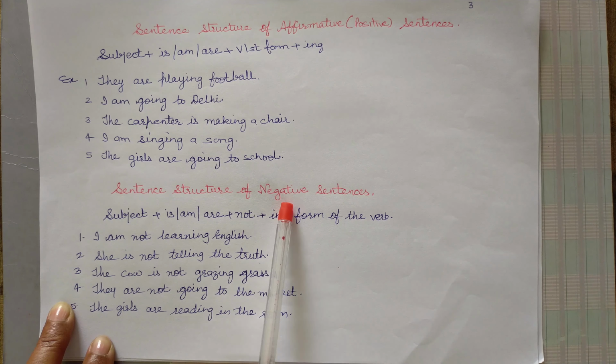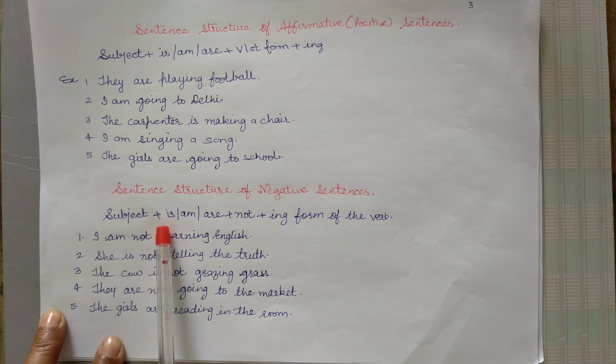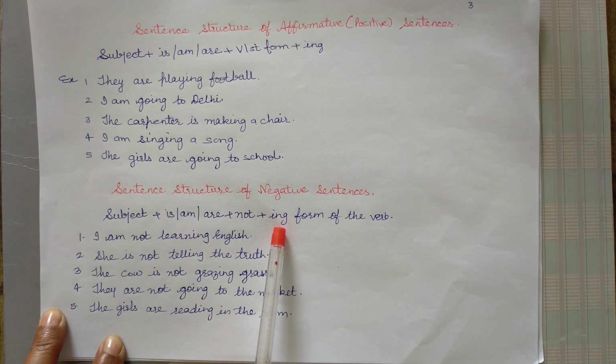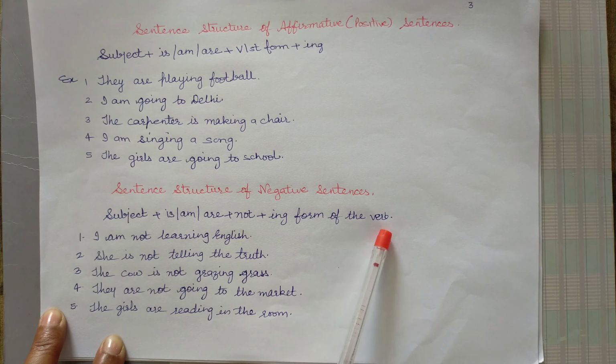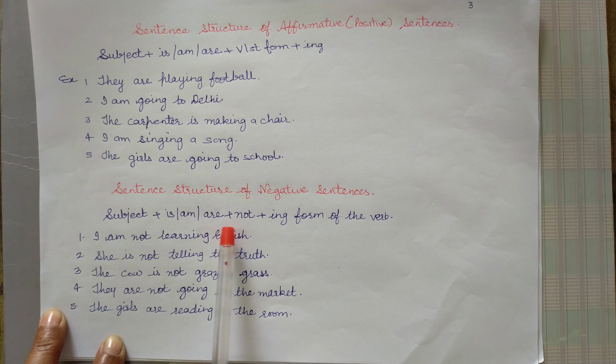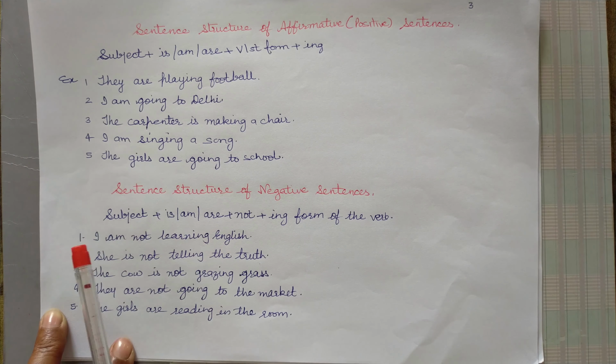The sentence structure of negative sentences. Subject plus is, am, are plus not plus verb's first form plus ing. I am not learning English.